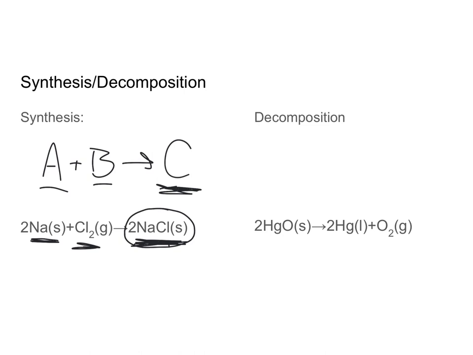And if we think about what it means to decompose something, decomposition is like breaking things down. That's how I want you to remember it: decomposition means to break things down. I take something and it breaks down into two or more different compounds or substances, right? If I'm decomposing something, I'm breaking it down into what it's made up of.